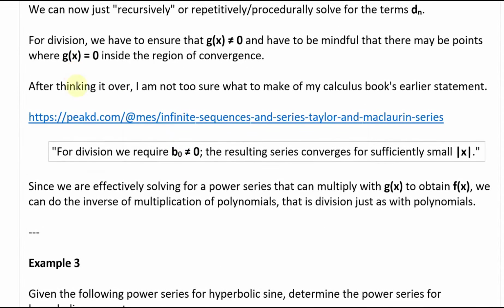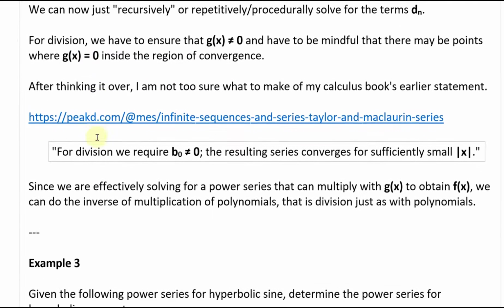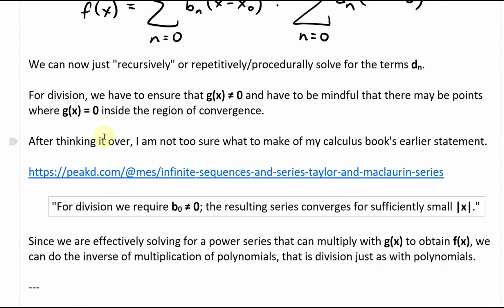And also, after thinking it over, I actually had to insert this little clip in this video, so if you see the rest of this video, you might be seeing the old notes in this little segment. I'm not too sure what to make of my calculus book's earlier statement, which states, as I showed above, for division we require b naught is not equal to 0, and the resulting series converges for sufficiently small absolute value of x.